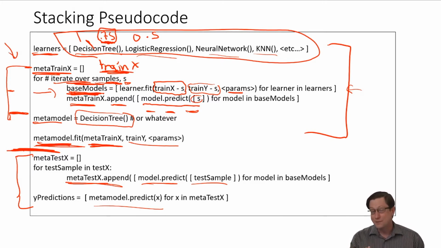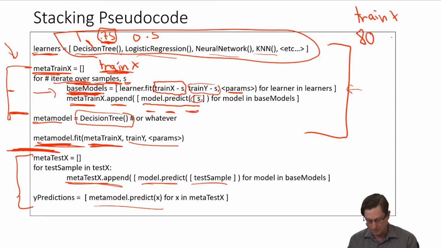Now, leave-one-out cross-validation sounds like a really slow, miserable way to do stacking, and you probably would want to do something else. If you have plenty of training data, you could take train X and take 80% of it for learning the base models and 20% of it for learning the meta model, or maybe 50-50. Maybe that's another hyperparameter you could even play with, which is how much do I want to invest in learning the base models?